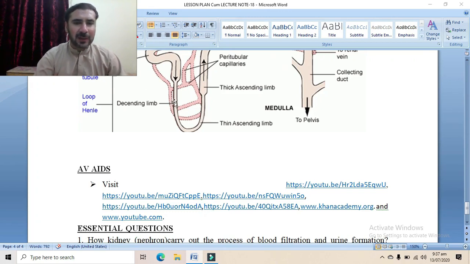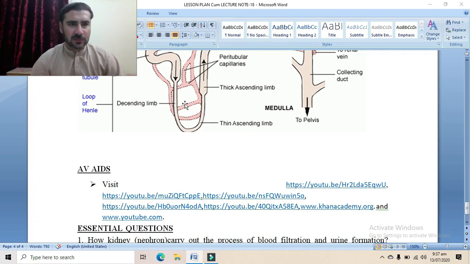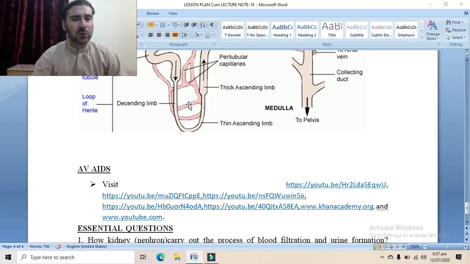Now what will happen? Now here the process is different. From here, the solvent, the water, will move to this interstitial space, because here the water is less and inside this descending limb the water concentration is higher. So the water will move through osmosis from the higher concentration to the lower concentration, into this space.